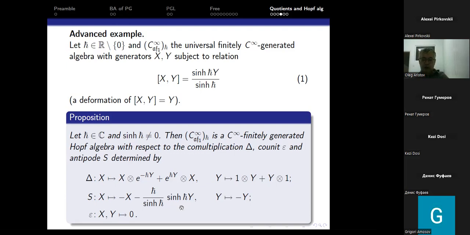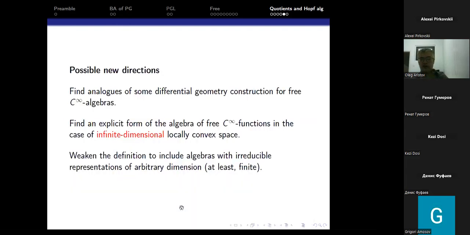And so in the end, some possible new directions. What I think needs to be done. First, try to find some differential geometry constructions for free simple algebras.